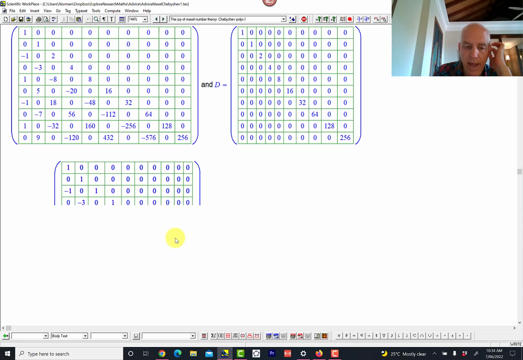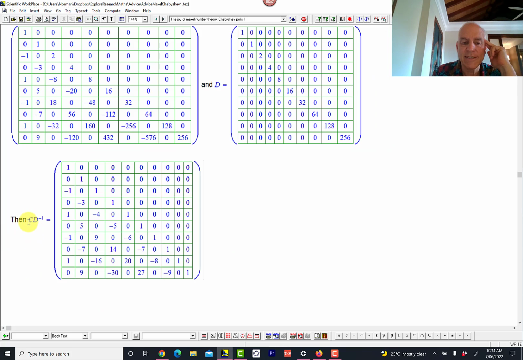And the way we do that is we compute C times D inverse. D is a diagonal matrix, so the inverse will just consist of these same diagonal entries, but all of them inverted along the diagonal. So when you multiply C by D inverse, you're going to be dividing each one of these columns by the corresponding power of 2. So you're going to simplify. You're taking out those powers of 2.